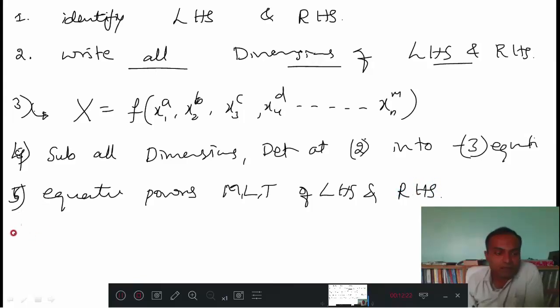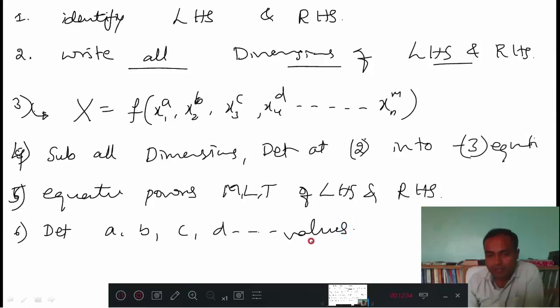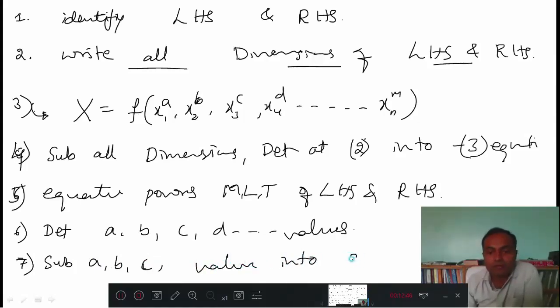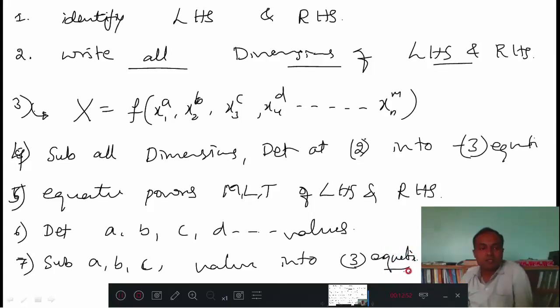Equate them. Then the sixth point is to determine the values of A, B, C, D. Then the seventh point is to substitute the values of A, B, C into the third point equation. Over. This is the problem solving procedure. I will follow this and solve the problems. In the next class, we will solve the problems. Right? Thank you.